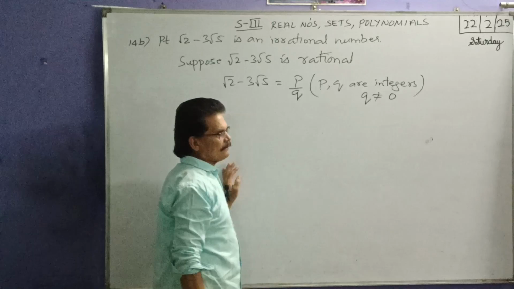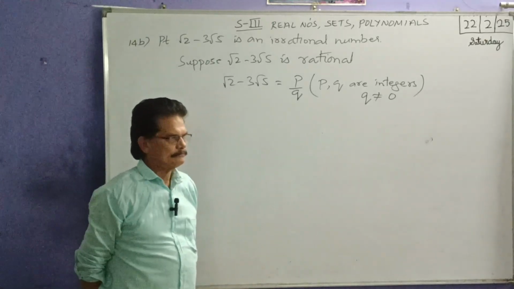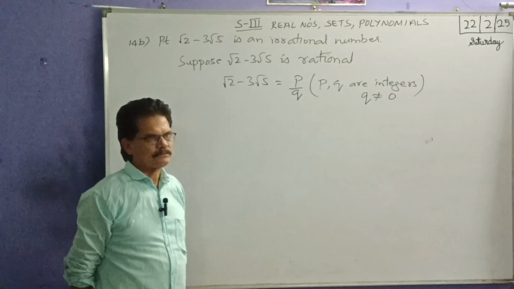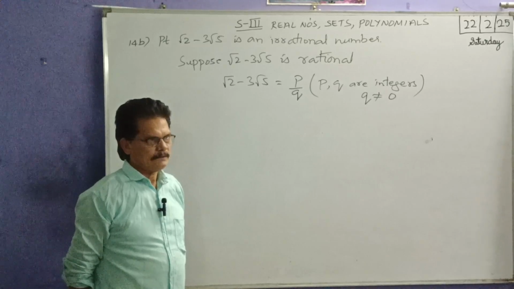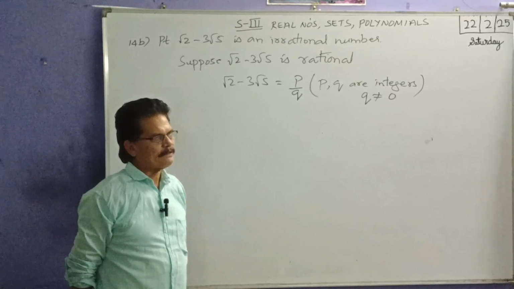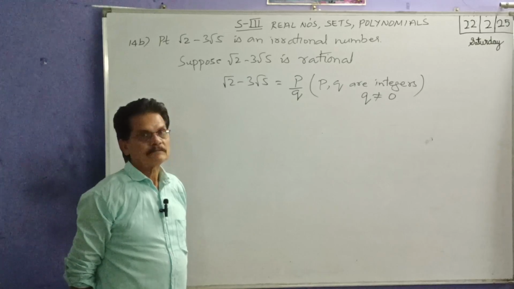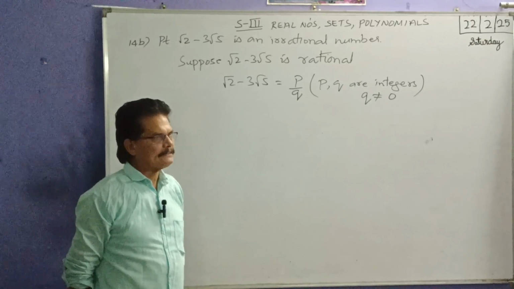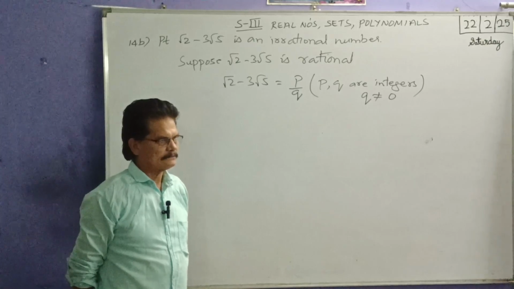Why should q not be equal to 0? If q is equal to 0, then p by 0 becomes infinity, and infinity is not a rational number.